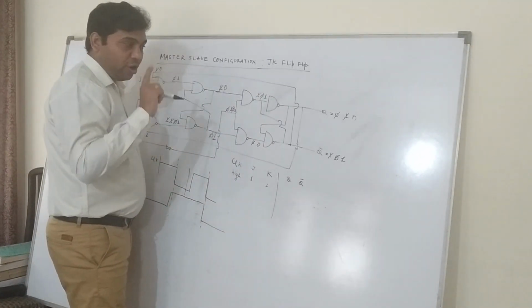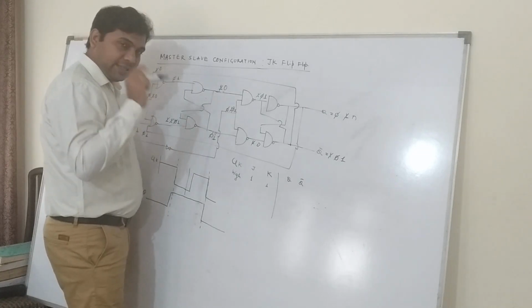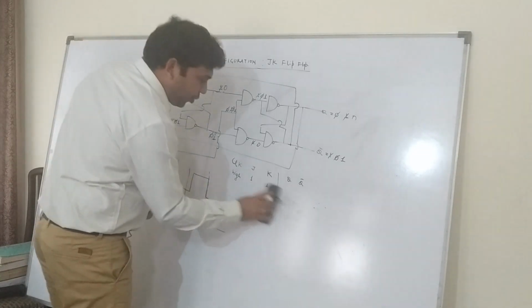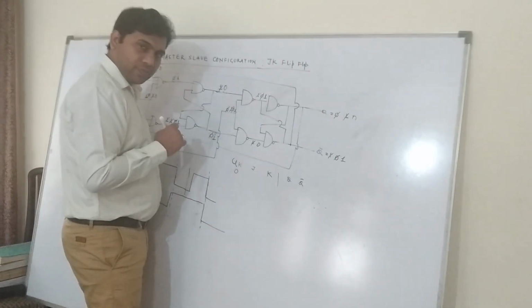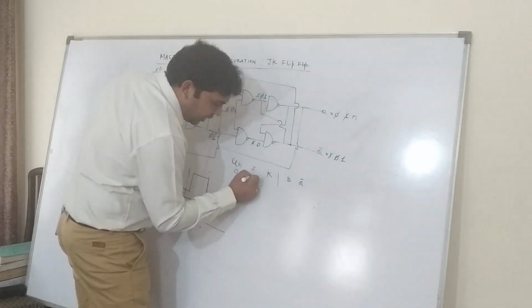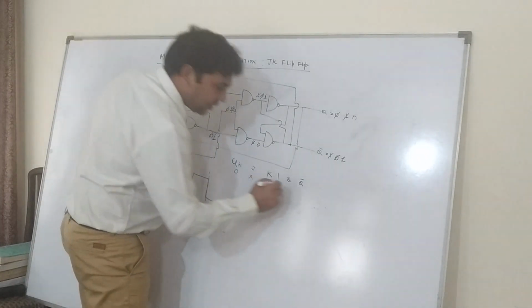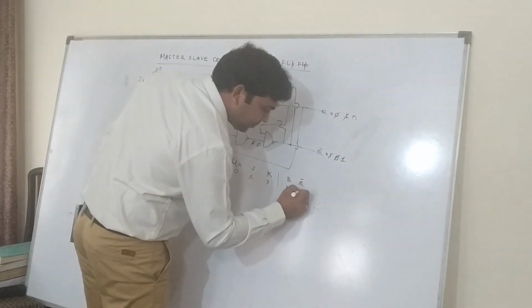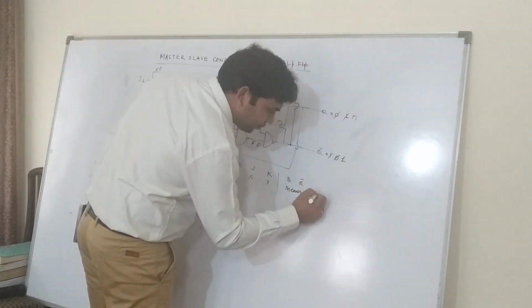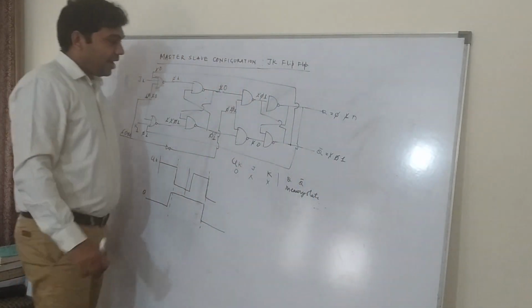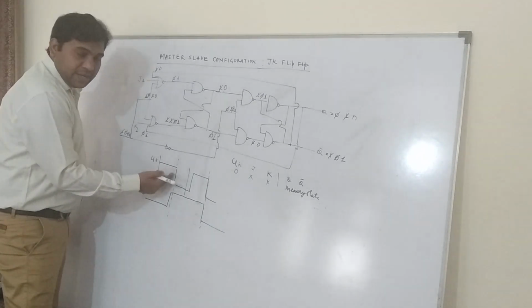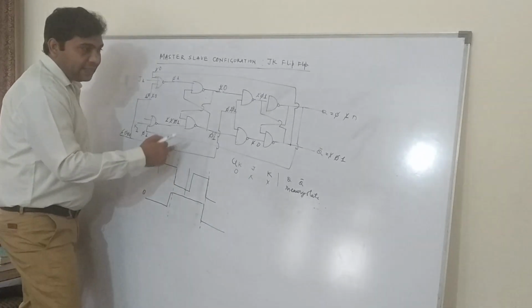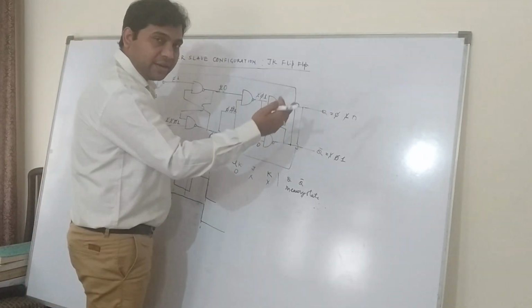Okay, so to avoid the racing condition, we can make a truth table here. When the clock is low, J and K do not matter, whatever they are, the circuit will remain in a memory state. The circuit behaves such that when a negative edge of the clock comes, the changes occur.